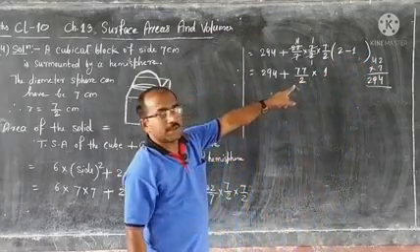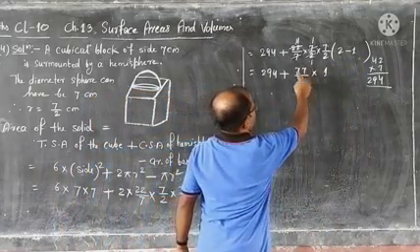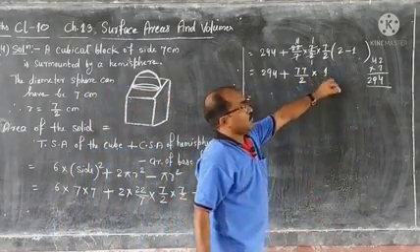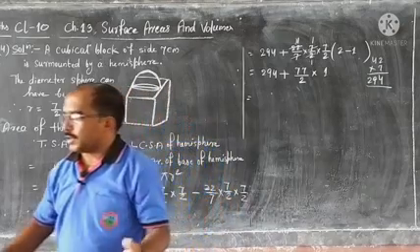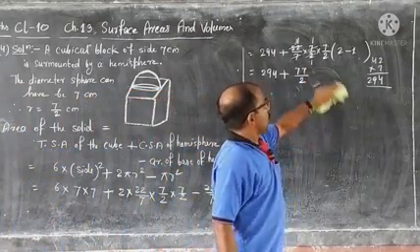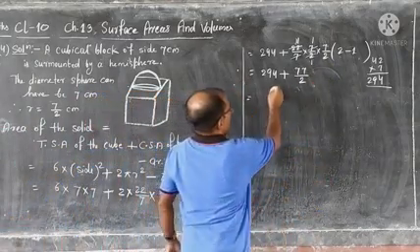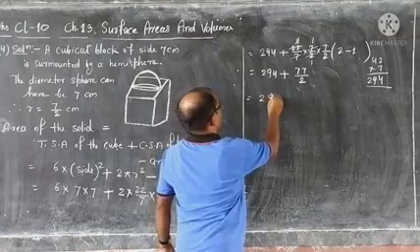That is what I was telling you, take common, calculation will be easy. And then it is 77 by 2 only, no need to write the into 1. Then take LCM or just convert it into decimal, your wish.